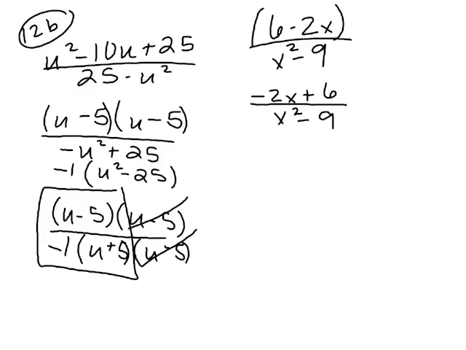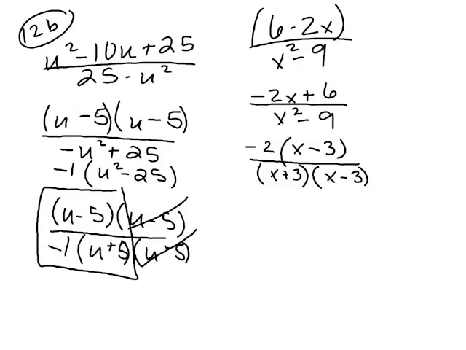Now, are there any common numbers or terms that I can pull out? Yeah, let's pull out the negative 2. If I pull that out, then I'm going to have x minus 3 on top. And then down below, perfect squares, I'm going to have x plus 3 times x minus 3.